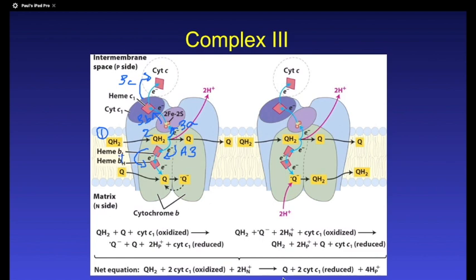We're going to call this B3. Then I'm going to put the electron onto a different Q that binds to the protein. And that is C3. So 1 electron goes up, and cytochrome C floats away. And 1 of the electrons goes down, and it sits on this Q.